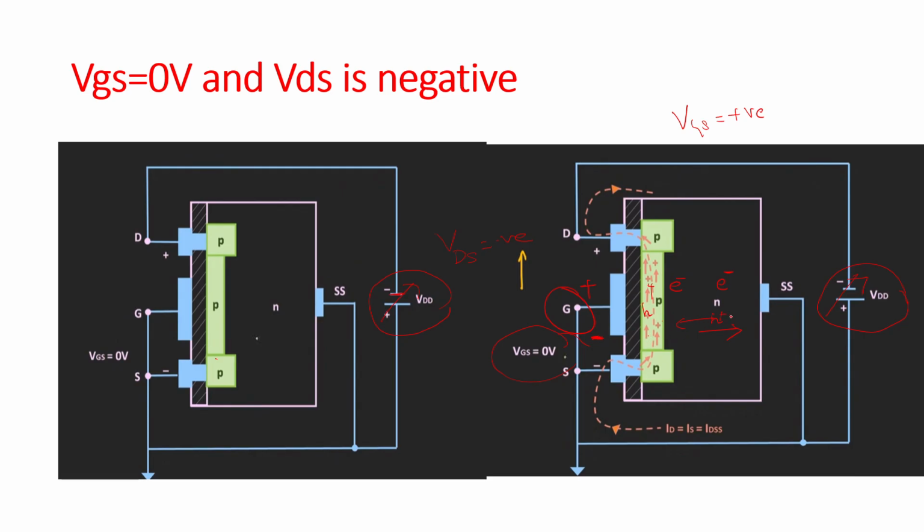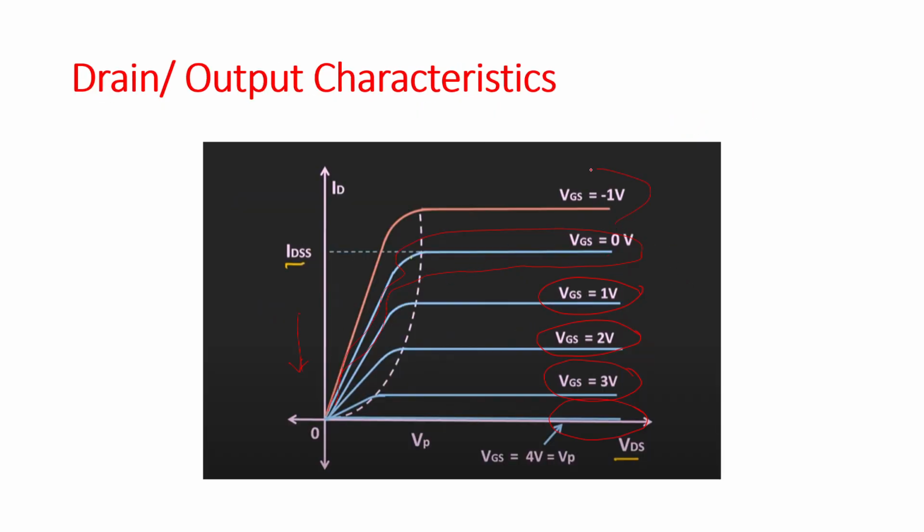In addition to these holes, the minority holes will be included, so the number of holes increases, and the drain current also increases. So when you apply the voltage in negative, it increases the drain current because the holes will be added to the existing holes.